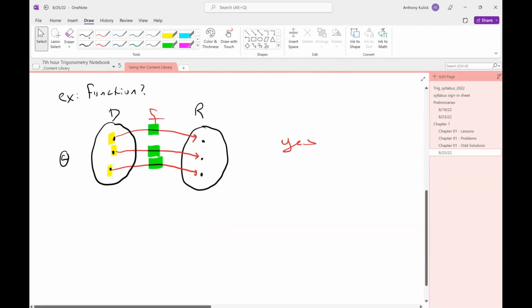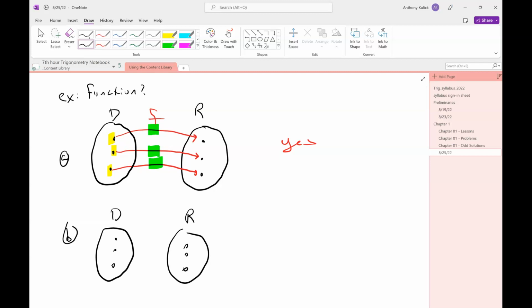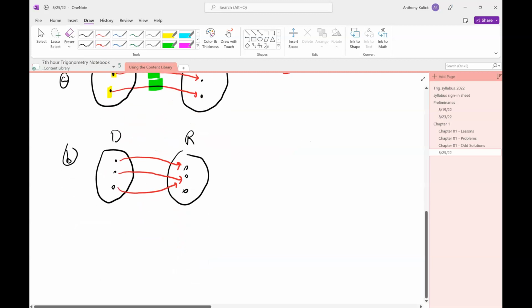Okay. Let's look at another example. How about this? Does this represent a function? What do you guys think?